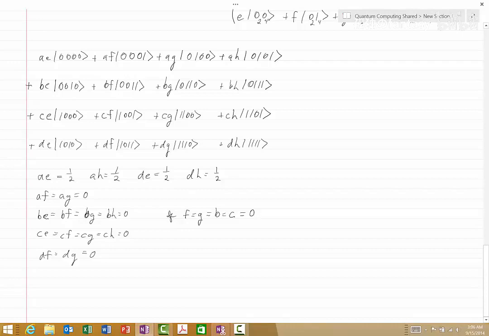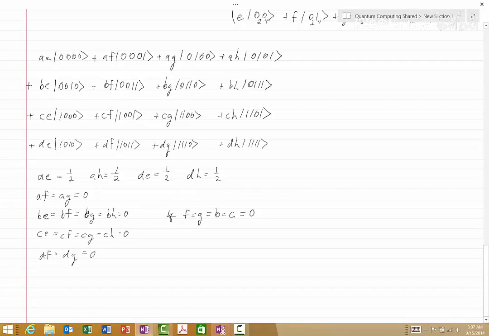Down here, since F and G were 0, that would be true. And yet, none of these equations would necessarily be false as a result of this assumption.